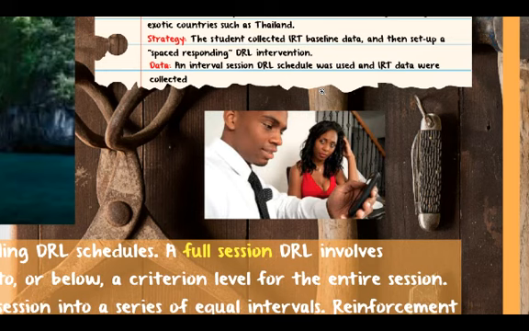Because one of the things that you need to know about a DRL is that many times we use this system when a certain level of the behavior is appropriate, is okay, but not higher levels of the behavior. So we specifically reinforce an individual for lower rates of the target. What was the target? The phubbing behavior. Why did we want lower rates? Because it was distressing and embarrassing to the individual, and she was trying to get it under better control.